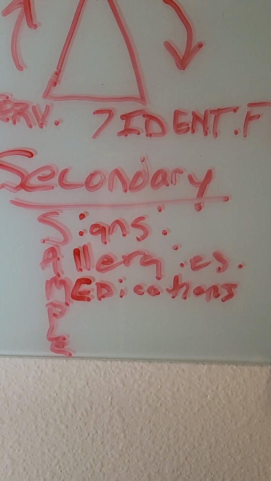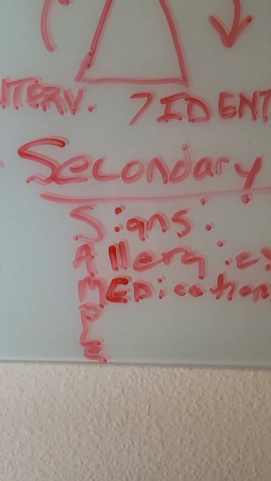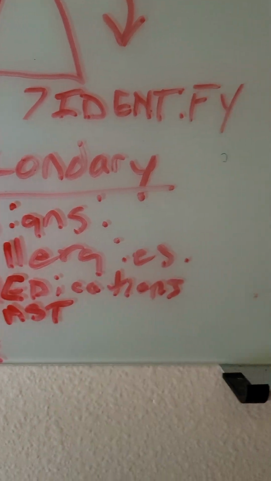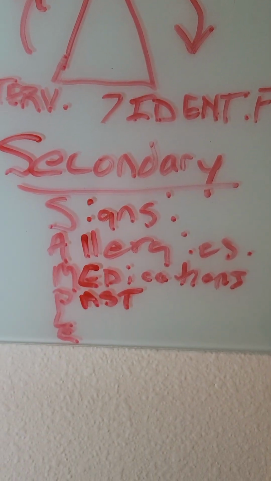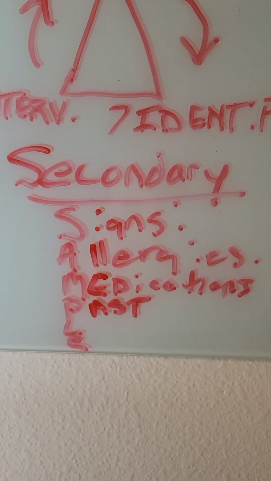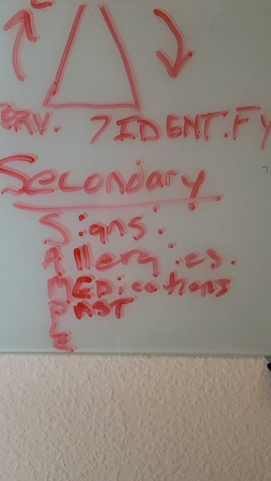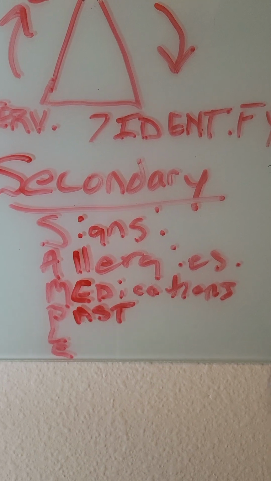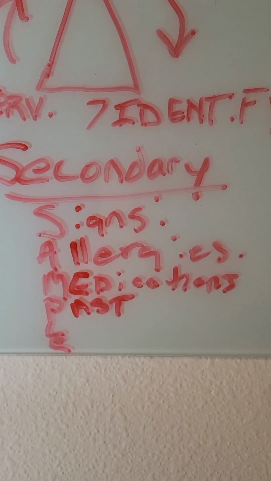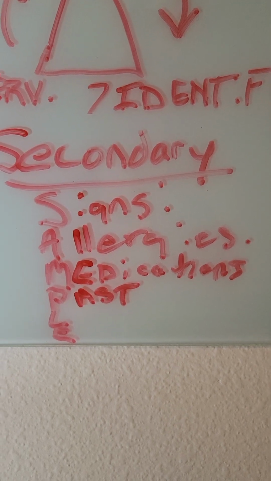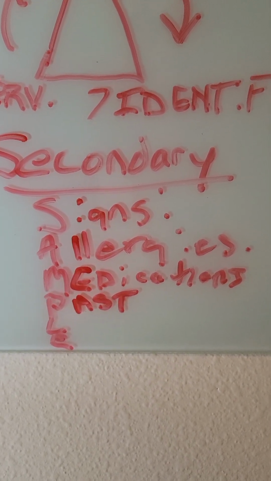And then P stands for past. Past what? Well, how about past everything? Because their life is so short so far. So past injuries, past medical history, past hospitalizations, hopefully there weren't many. Past immunizations, huge. Huge. Because some people don't believe in those, do they? All right.